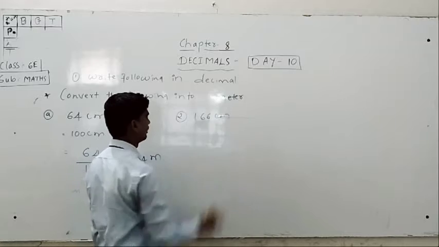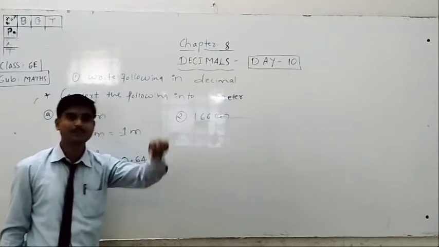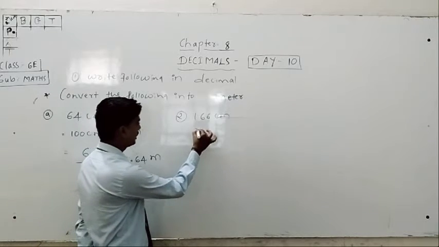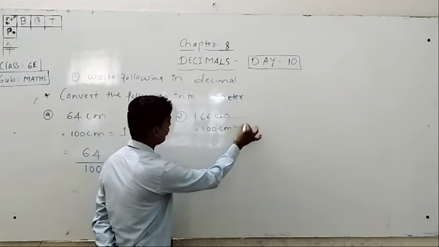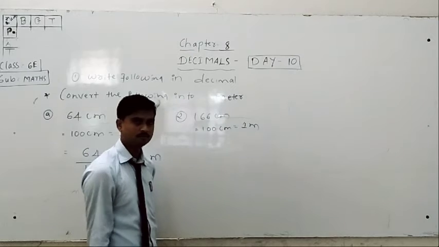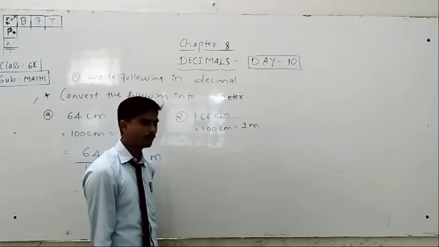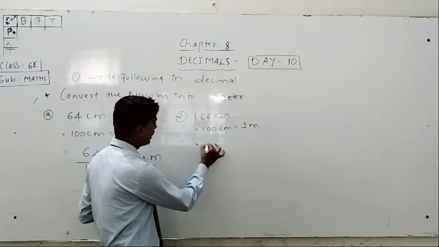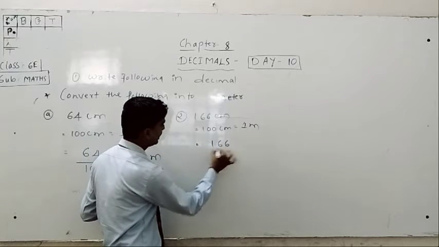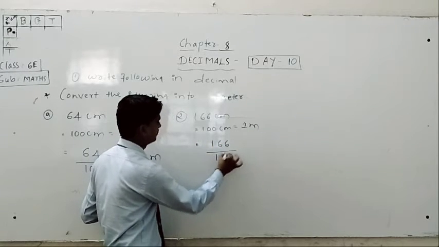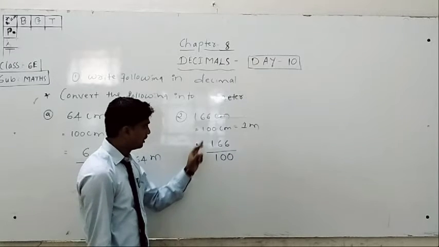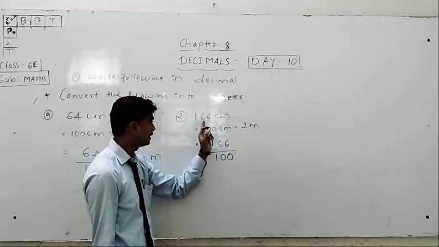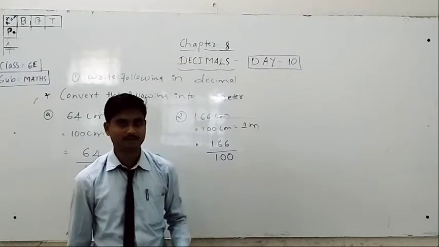166 centimeter. Here given 166 centimeter. Then what is that? 100 cm equal to 1 meter. You know that one. Every time you don't need to write because I am writing, you can understand. That's all. It is equal to 166 divided by 100. Is it right? 100 centimeter equal to 1 meter. Then given 166, convert into meter.